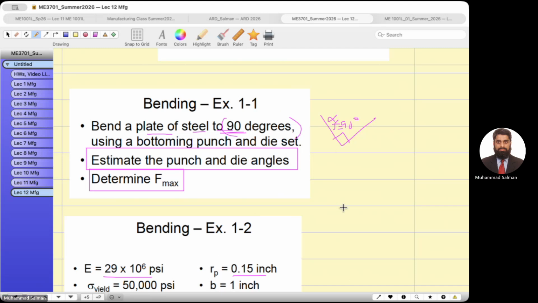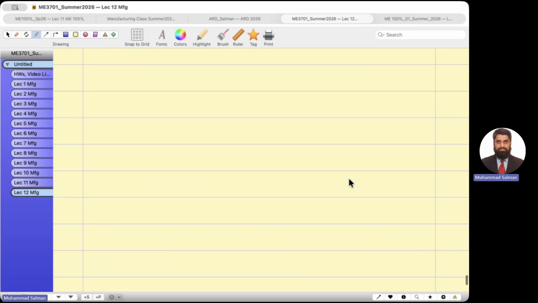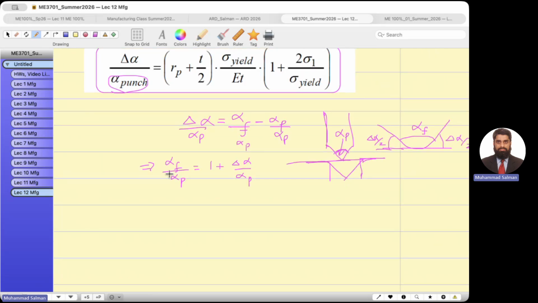With the punch and die set, this alpha final is 90 degrees, but alpha punch, I need to find out what is my alpha punch. But for that we need to find out this ratio. Look, can you use this formula to plug it in over here? That will give me just a ratio.